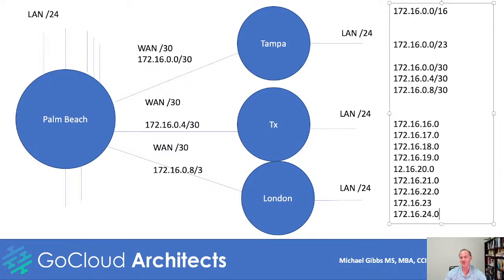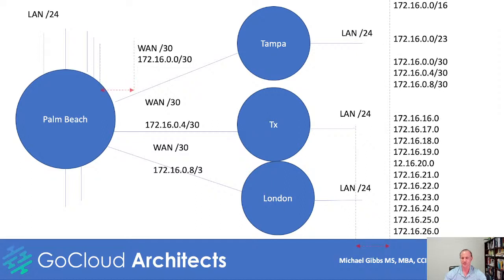We needed 10 of these, remember? And a 172.16.25.0, and a 172.16.26.0. These are the subnets we need for our Palm Beach data center.